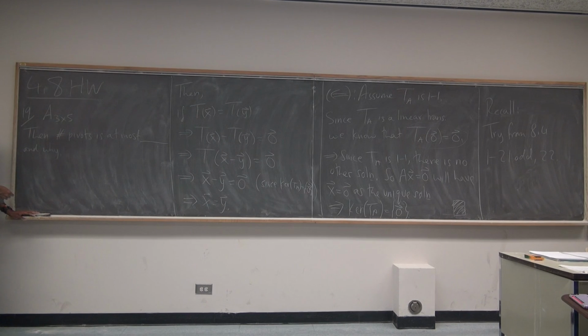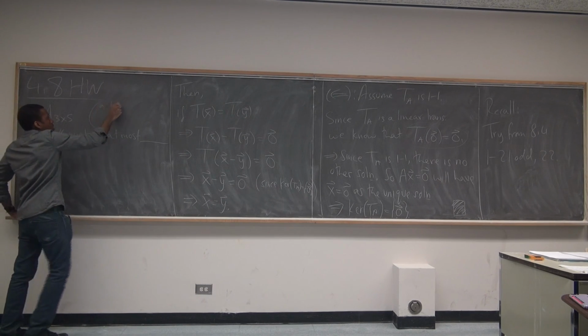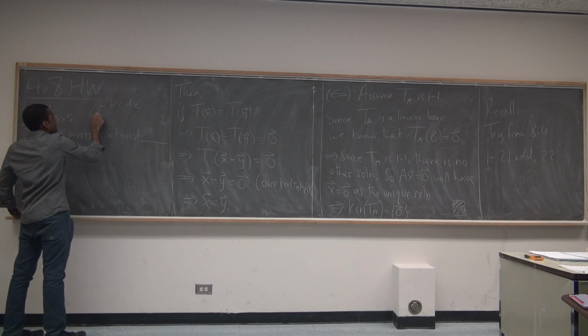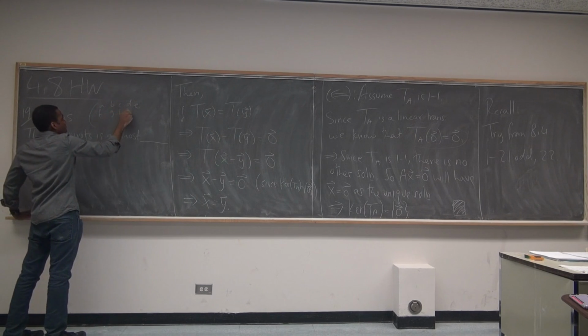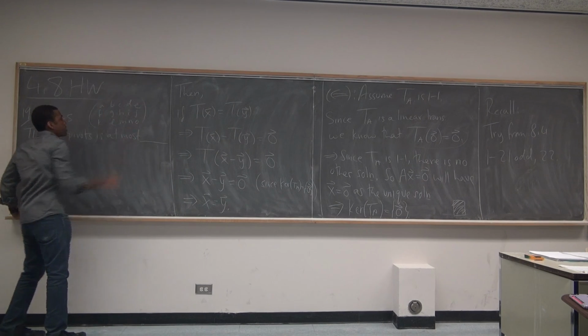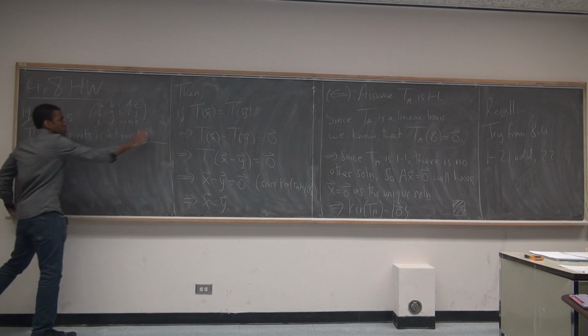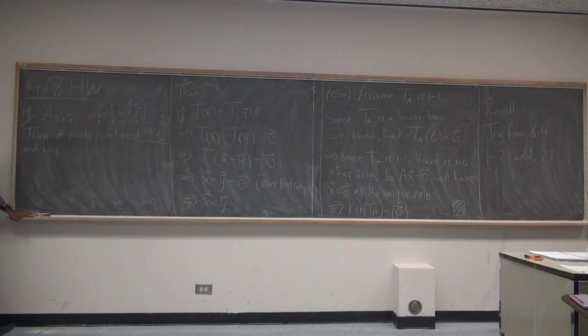It's 3 rows and 5 columns, and we have 5 variables, x1 to x5. Then the most pivots you could have is 3. At most 3. You'd have to have 1 pivot per row. Why?